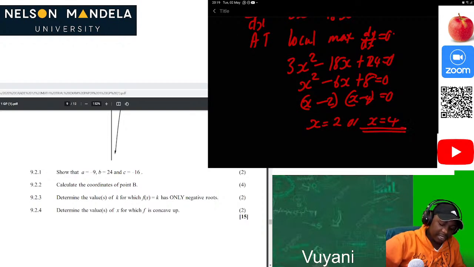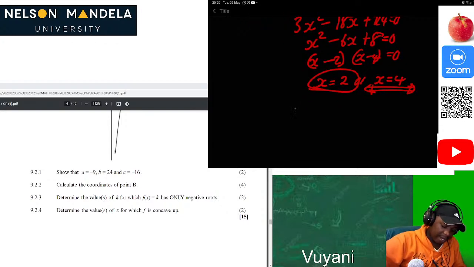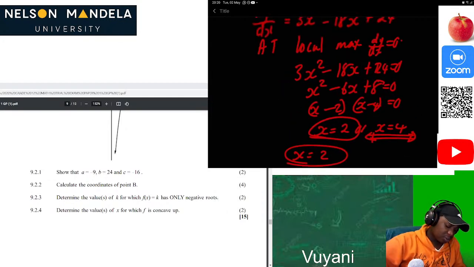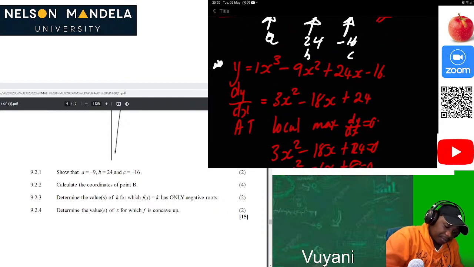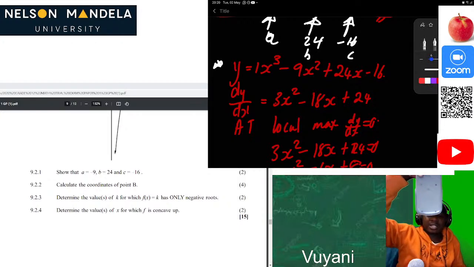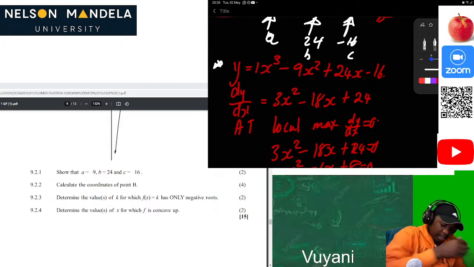We already see that this one we have, but we don't know this one. So therefore, our x value is equal to 2. Then we substitute x equals 2 into y, which is our original equation, using our calculators.